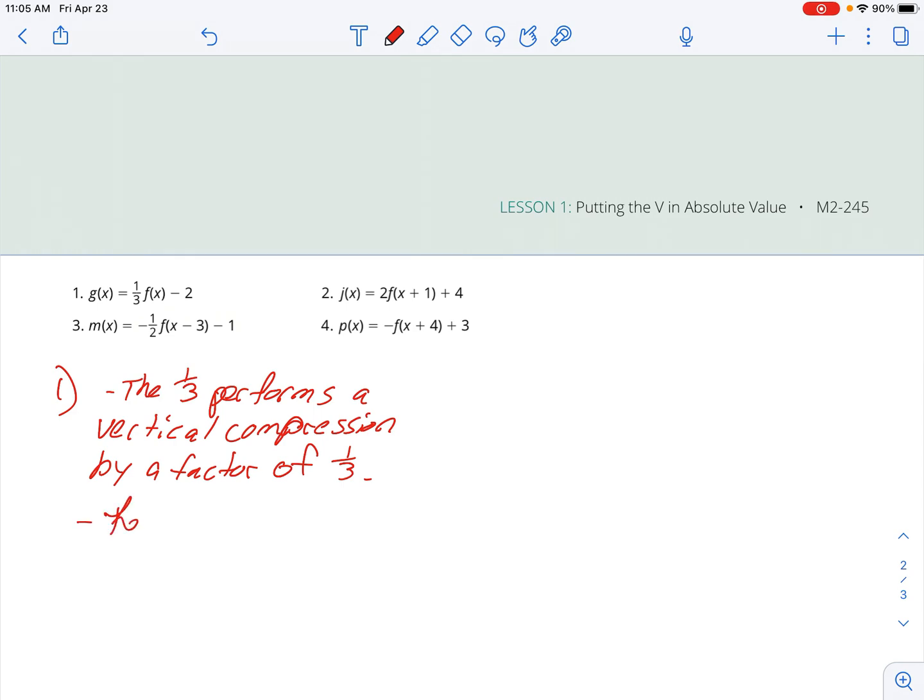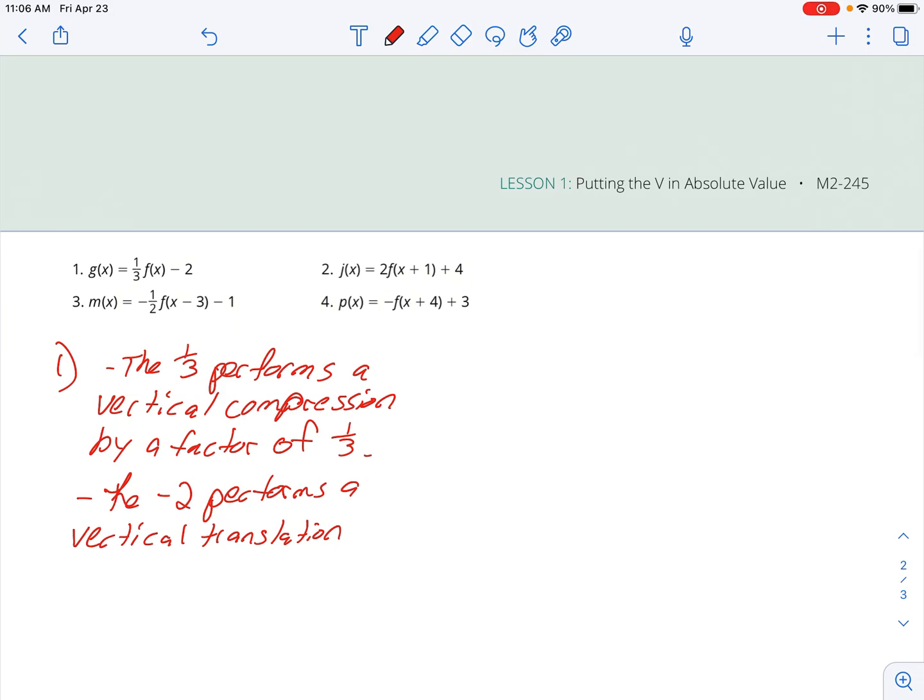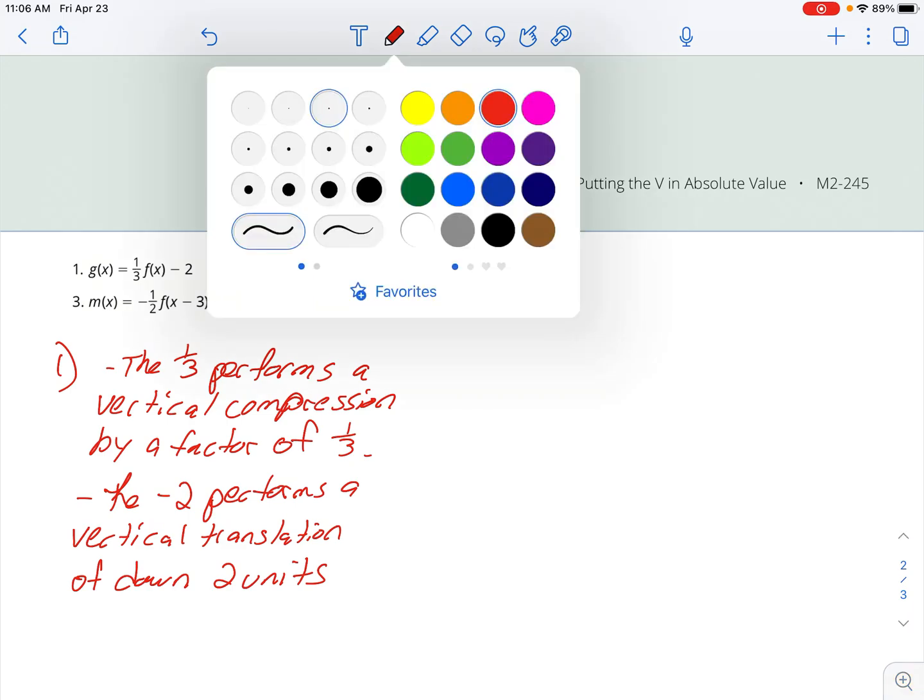And then the -2 performs a vertical translation, so sliding it up or down. In this case, vertical translation of down 2 units, because it's a -2. All right, the graph of that, I would just go then to our graphing calculator, punch it in, and I'll do that at the end here on things.